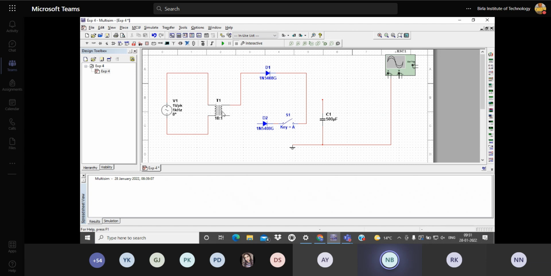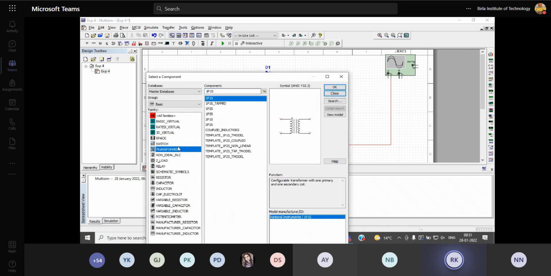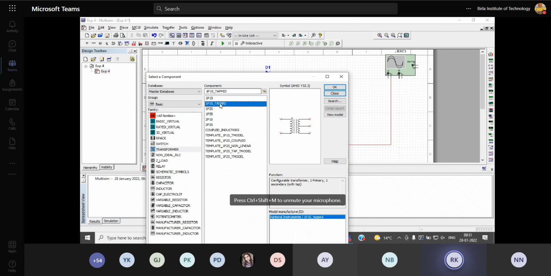Here there is a terminal in experiment number 4. But sir, we do not get any component like this. Actually, you have selected one primary, one secondary transformer. You have to select one primary and secondary tapped. That is the second option. Yes, sir. Thank you, sir.